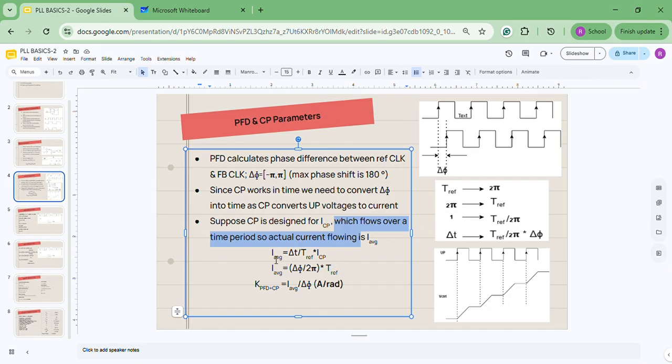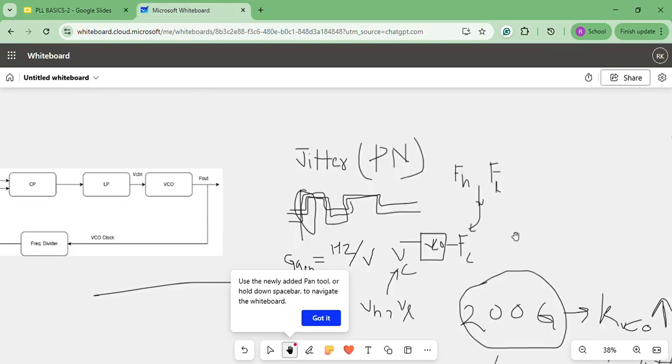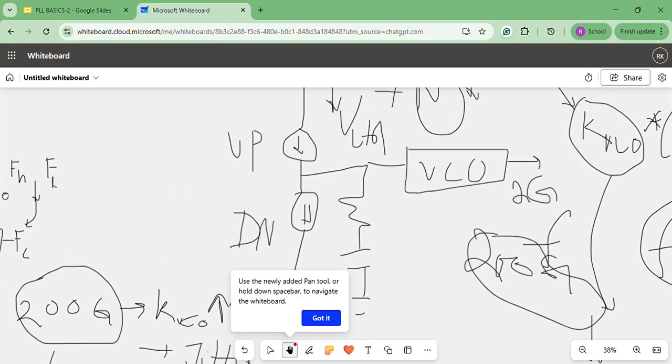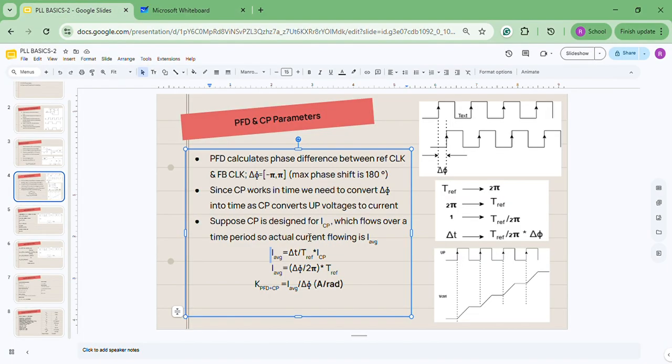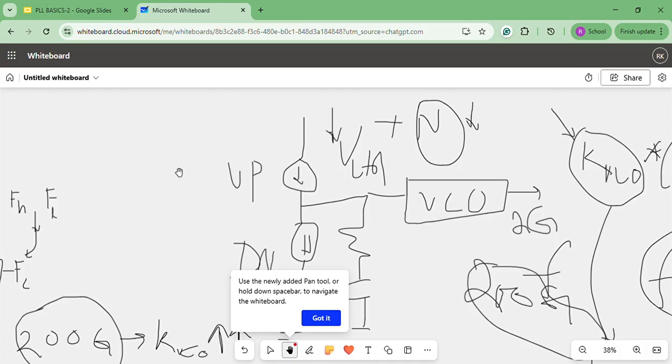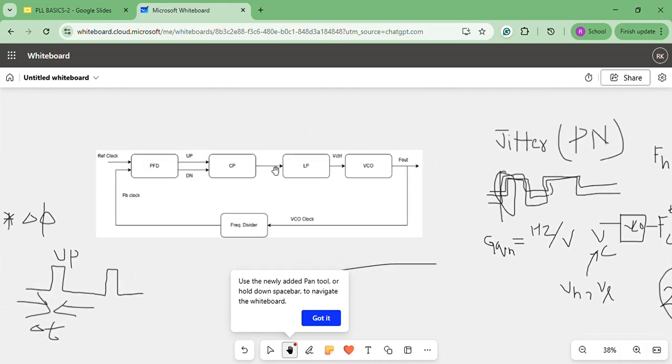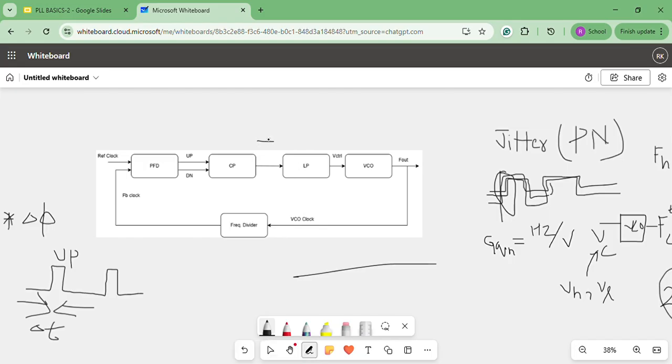So how can we get the average current which is actually flowing into our low pass filter? After the charge pump there is a low pass filter, and this low pass filter will convert our charge pump current into voltage, which is finally fed to the VCO. So this charge pump will give some average current, and we'll calculate this average current.